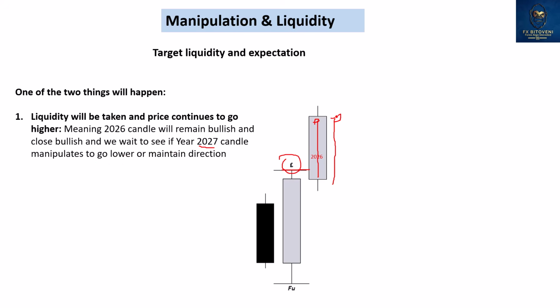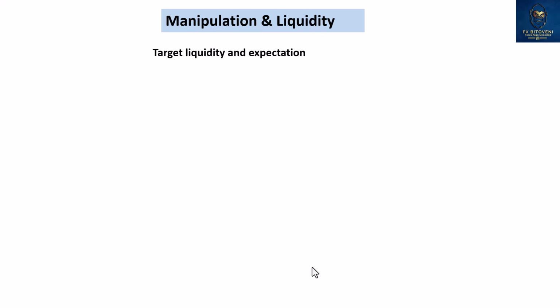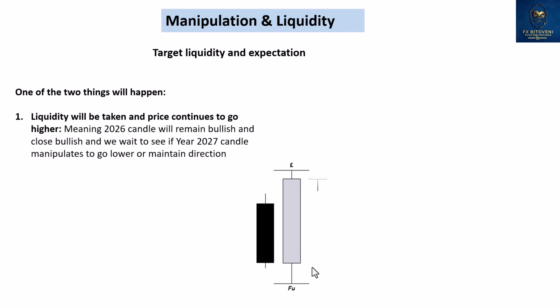And then we may wait to see whether 2027 will manipulate to go lower or maintain direction. So meaning the next 2027 year may also continue to go higher or may manipulate to change direction to go to the downside. I'm talking about something like that.